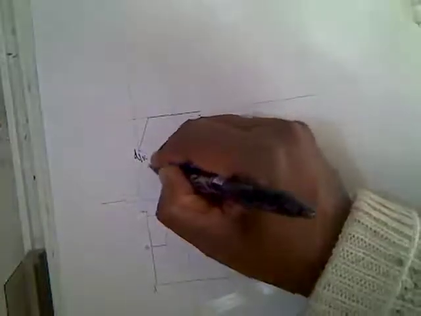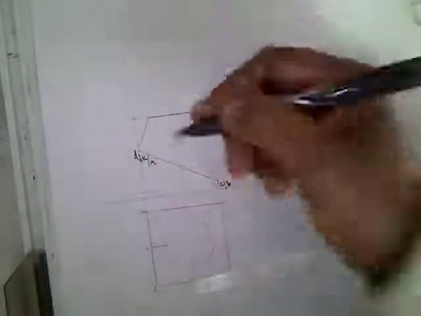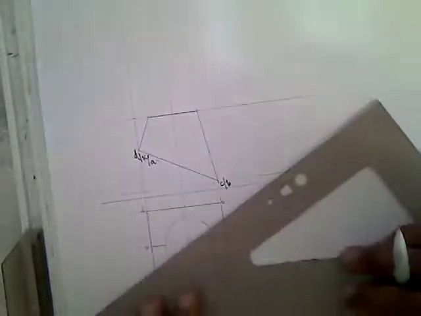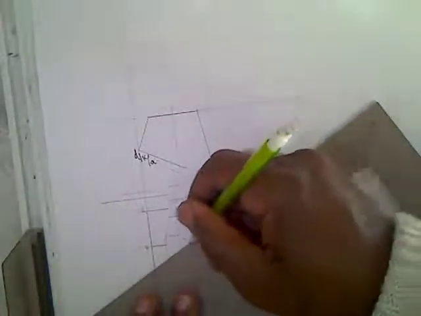Behind K, you will be seeing A. And then you will want to divide your circle into 12. Let's divide our circle into 12.